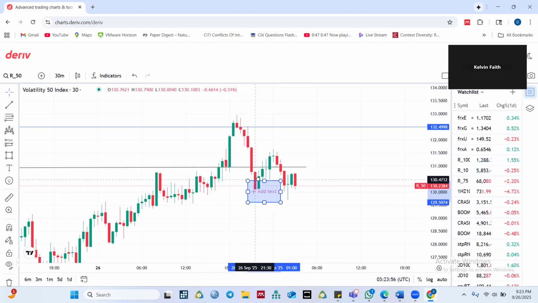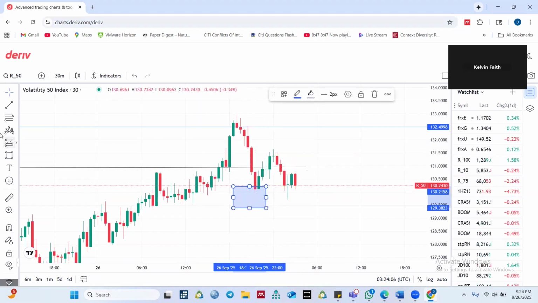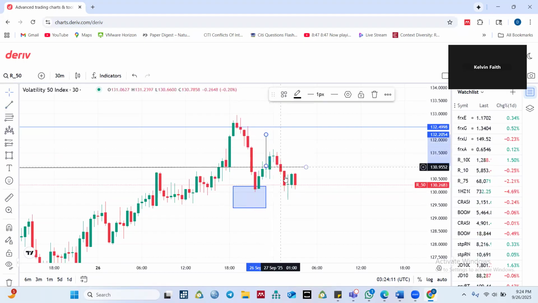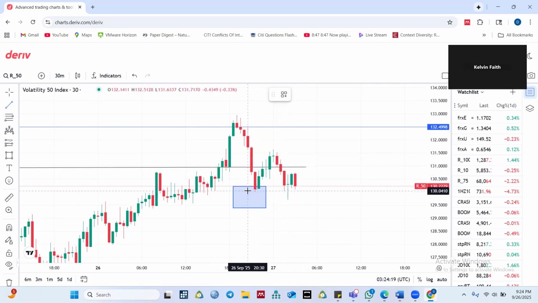After doing that, we get a pullback. Price gave an indication of a body close. Look at the green body, close above that line, signaling a buy. This close is signaling a bullish move. But quickly, we got a rejection and three bearish candles plus this.